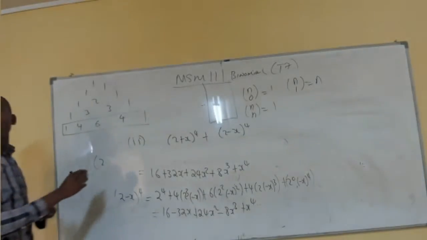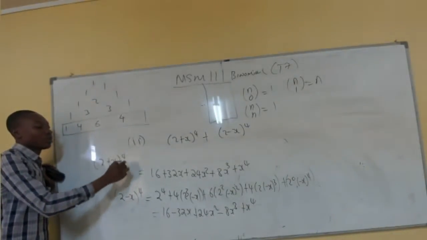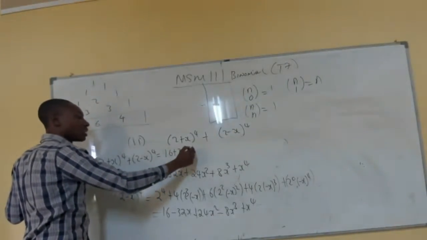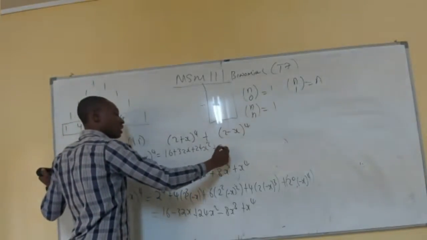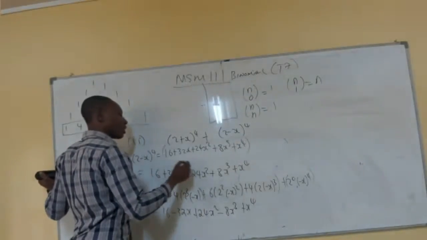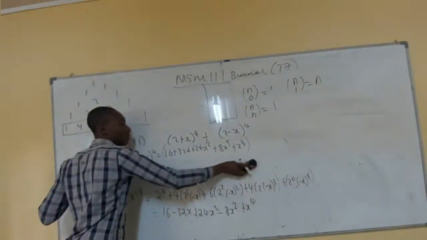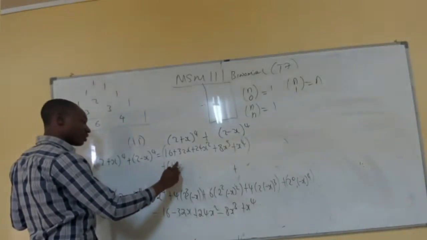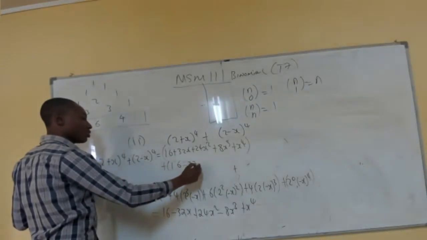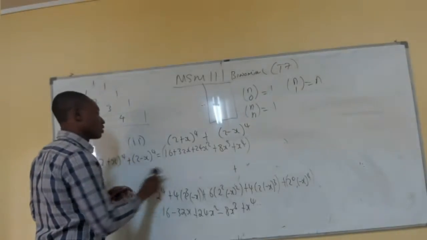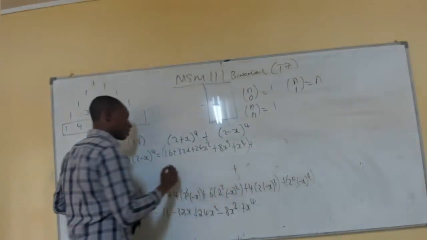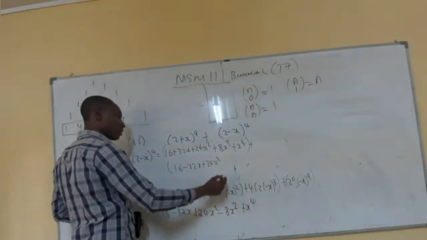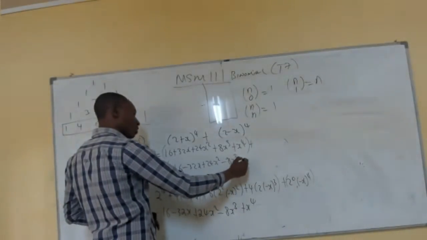So we're saying 2 plus x to the power 4 plus 2 minus x to the power 4 is equal to 16 plus 32x plus 24x squared plus 8x to the power 3 plus x to the power 4, everything plus the other one, which is open bracket 16 minus 32x plus 24x squared minus 8x cubed plus x to the power 4.